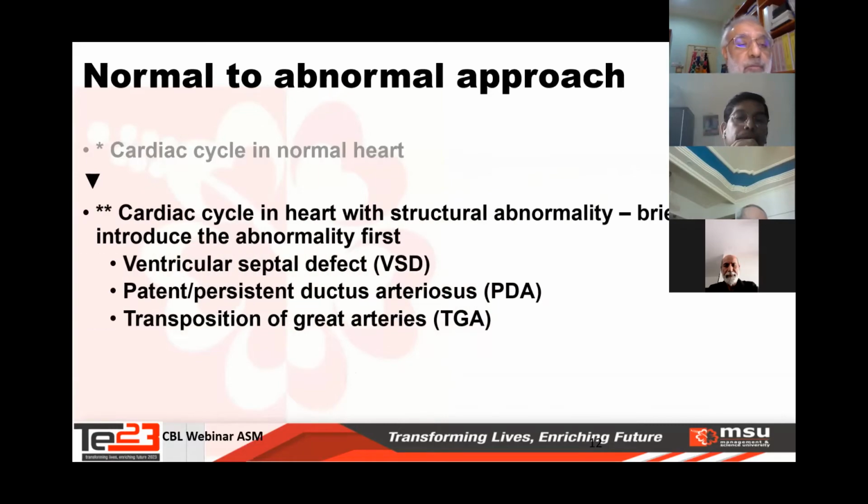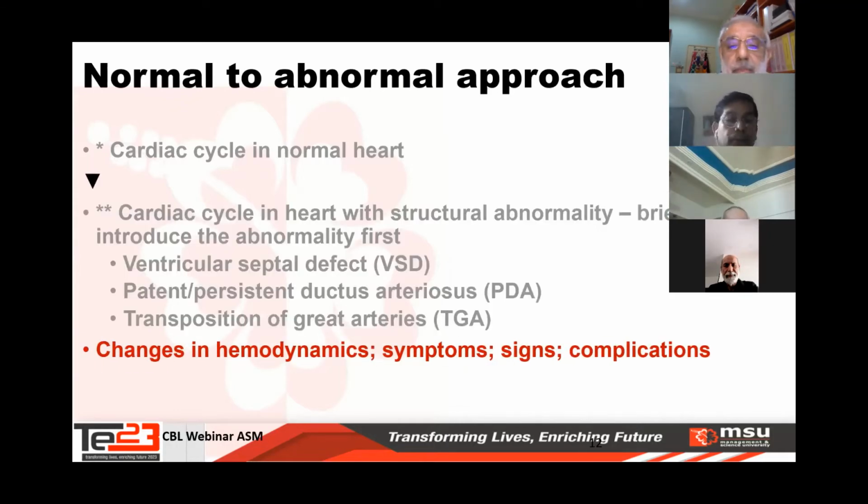But based on that, when we have a second session, that is CBL2, then we will introduce very briefly the anatomical defect, for example, of VSD or PDA or TGA. And then we ask the students to apply their previous knowledge of a cardiac cycle in a normal heart to an abnormal situation where there is a ventricular septal defect.